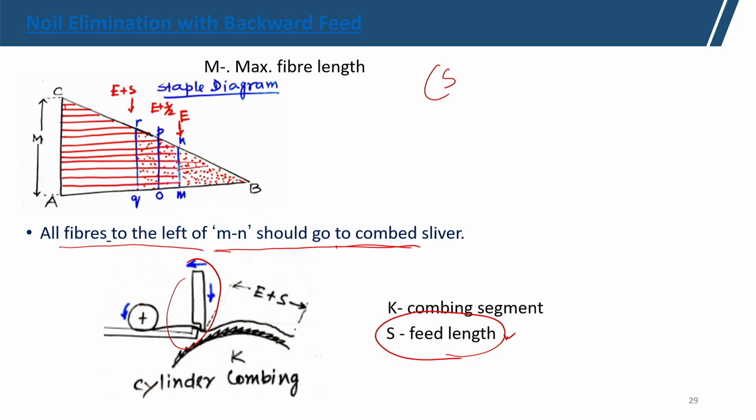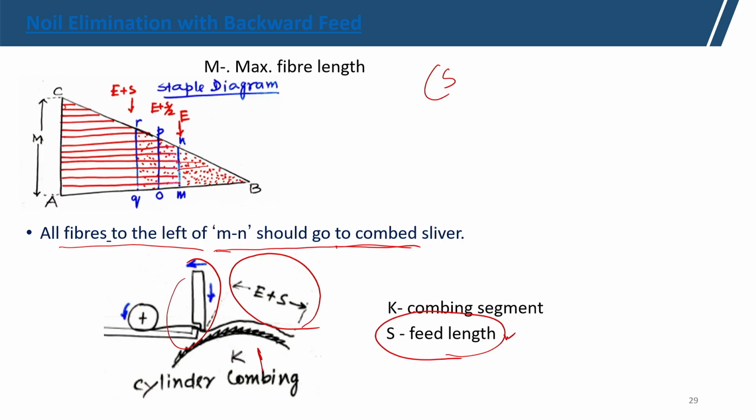E length was there projecting beyond the nip line, and S is additionally fed during the backward movement because it is a backward feed. So the total length of fiber fringe or lap placed in front of the cylinder comb for combing will be E plus S. E was there and S is additionally fed.